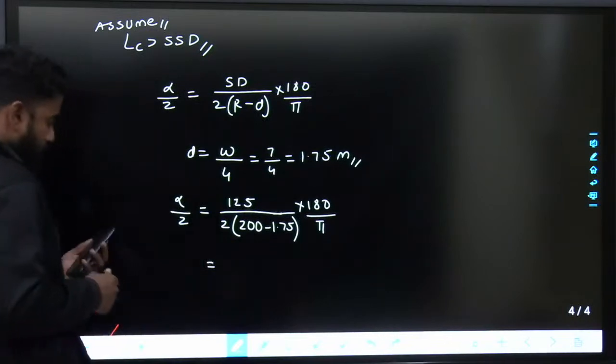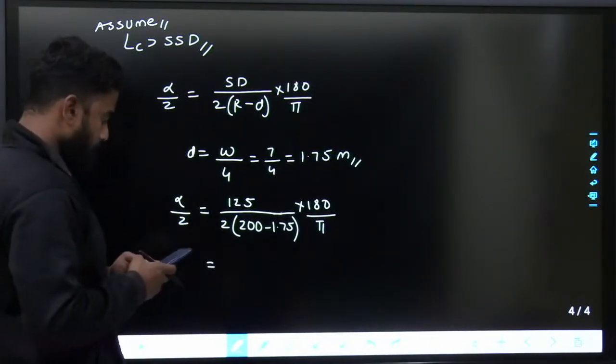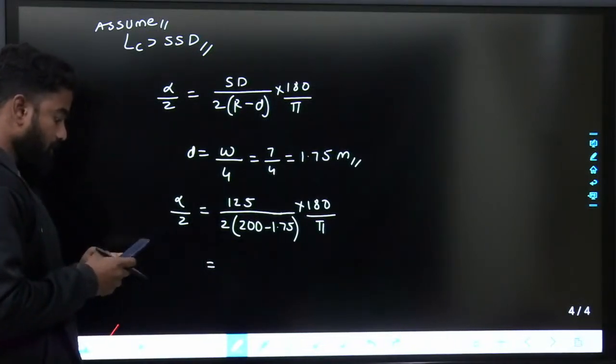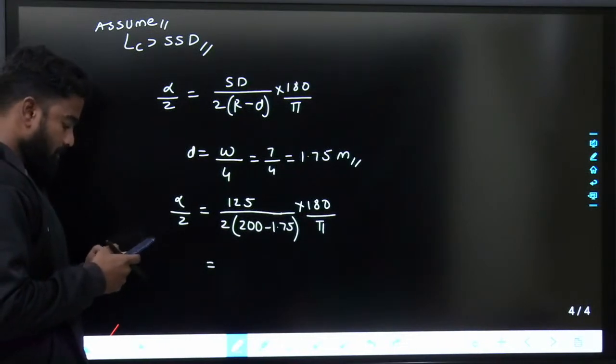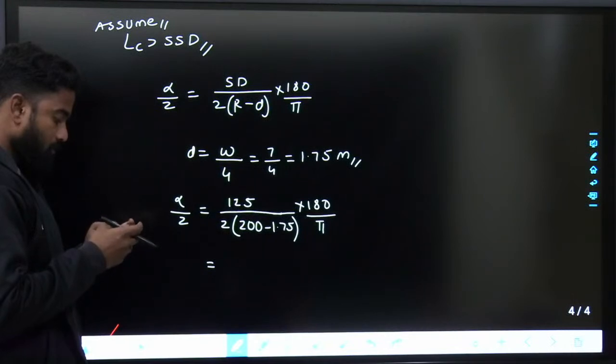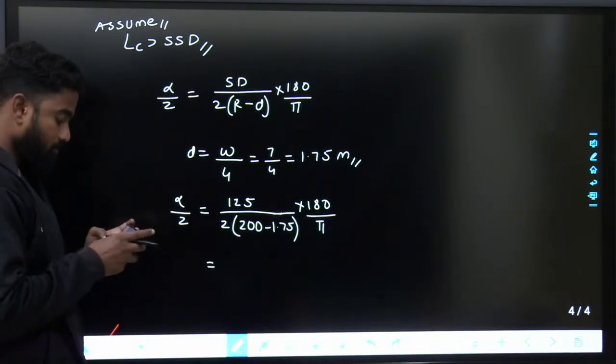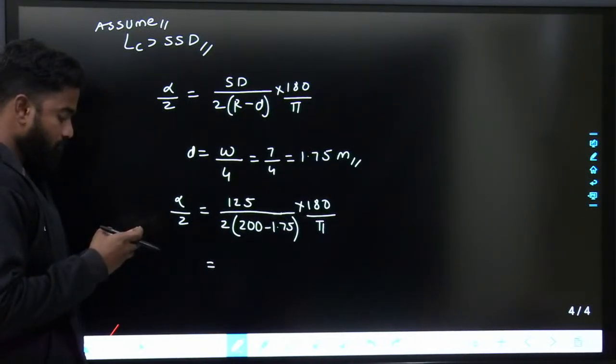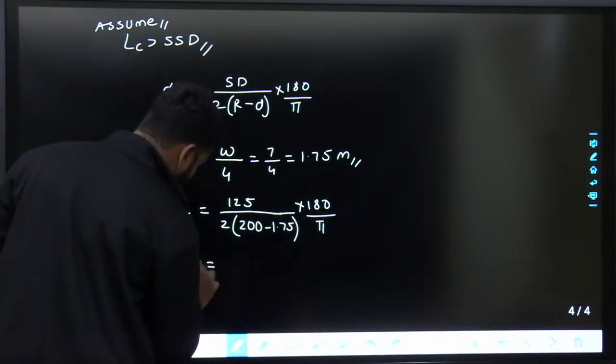So the value would be 125 multiplied with 180 divided by 2 divided by pi divided by 200 minus 1.75, which is 18.06.